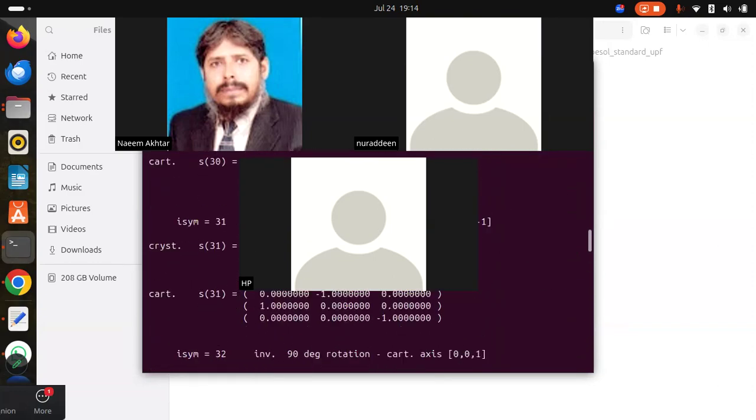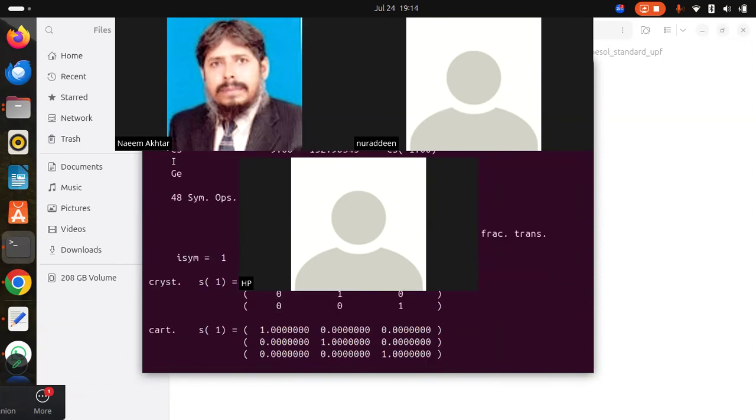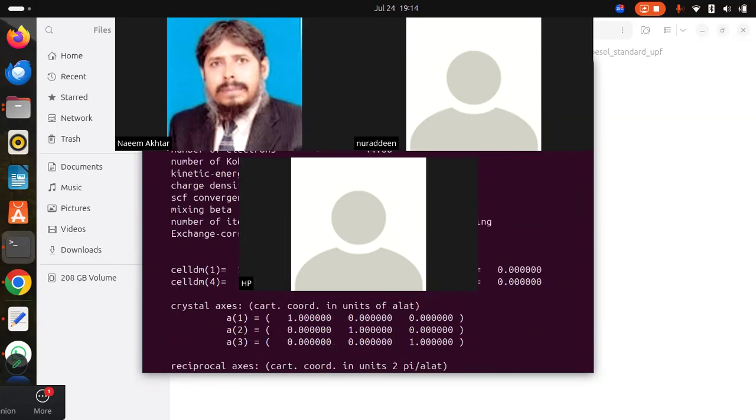Let me show you which input DFT is being used here. Here is the input exchange correlation functional, 116, 133. It is giving them as we have given them to the code.